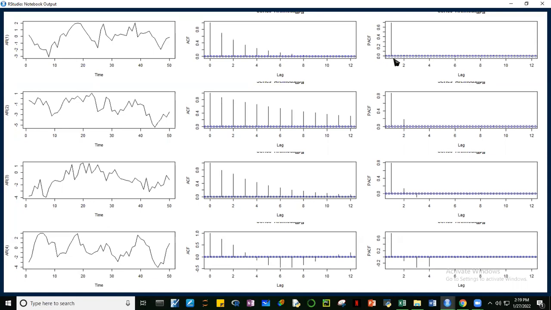Tapos may significant spike sa PACF. Okay, ito yung sinasabi ko sa inyo kanina. Ang AR model, pag tinignan niyo yung ACF niya, nagdi-decay. Tapos yung PACF niya, may one significant spike. Ito din yung AR3 natin, one significant spike, etc.